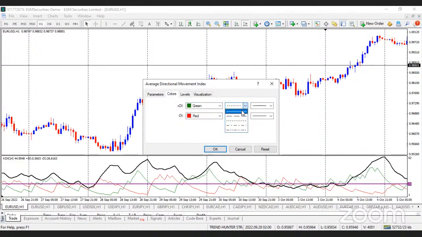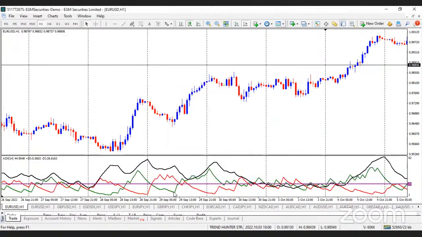You can select a straight line. Then this is where you can adjust the thickness of those two lines to suit your preference. Once you click OK, you'll have that indicator bearing better settings.